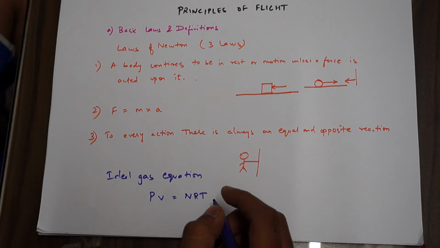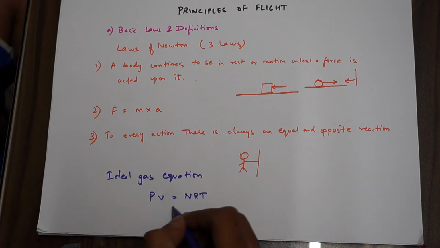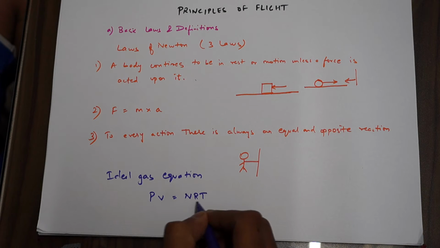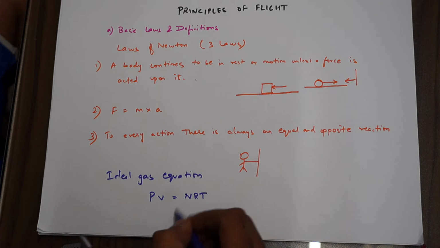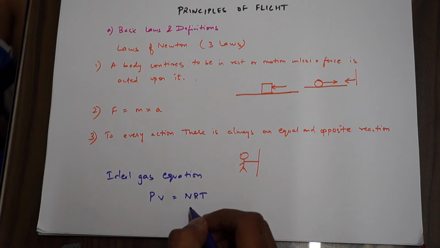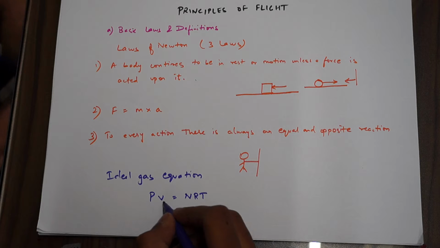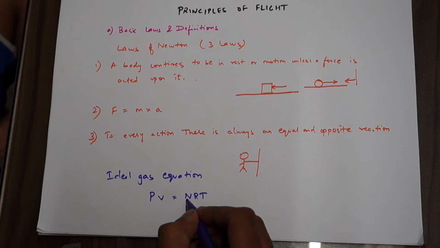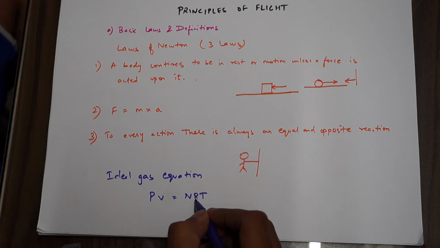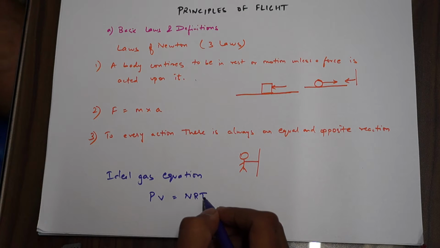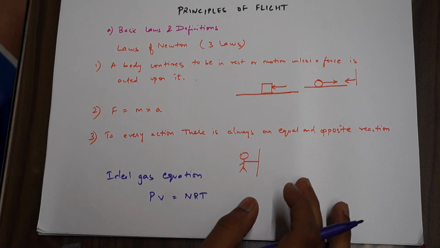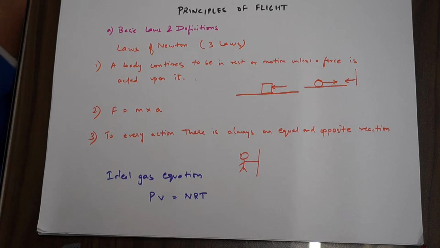These form an equation taking consideration of the gas measurements. P is the pressure of the gas, V is the volume of the gas, n is the amount of gas, R is the ideal gas constant, and T is the temperature. It is just general knowledge that you have to keep in mind. There's nothing as such that will be applying directly anywhere.